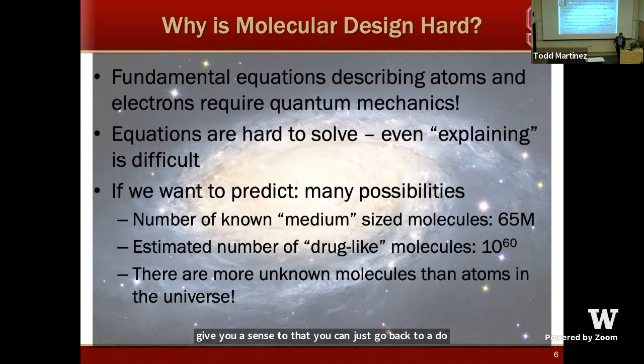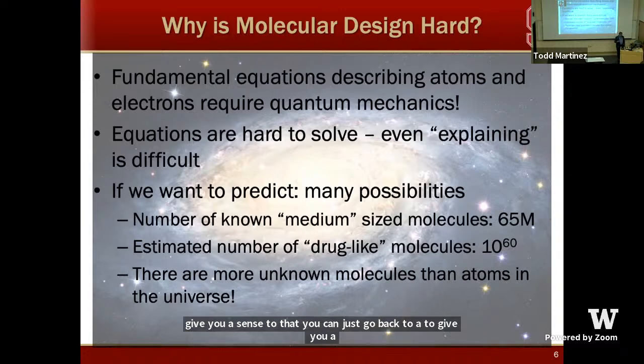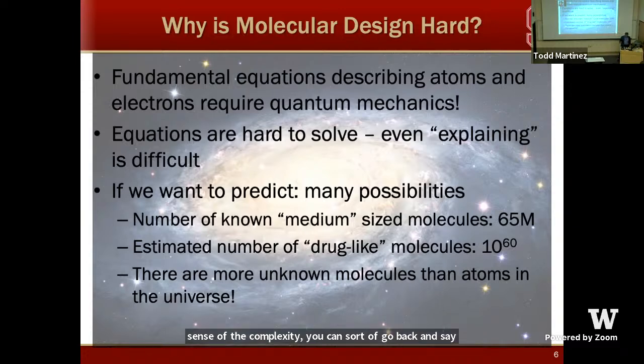To give you a sense of the complexity, you can step back and say, well, if I was going to start searching over molecules to be able to predict function, for example, then I'm going to care how many molecules there are in the design space. The number of estimated known medium-sized molecules is 65 million.